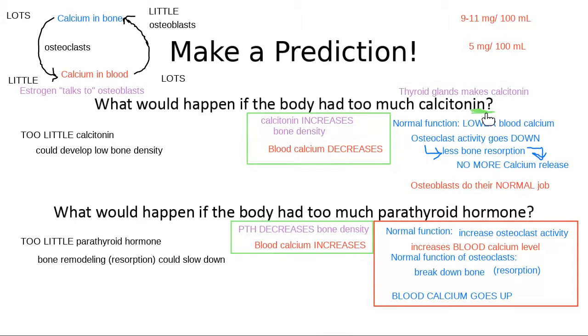So if you remember whether we're putting stuff into the bones or pulling it out of the bones, that's going to help a lot. Because then if you can also remember this little circle that we made here, if I put calcium into the bones, it must be coming out of the bloodstream. Or if I'm taking calcium out of the bones, it must be going into the bloodstream. So as long as we remember what's going on with one half of these things, whether the bones are going up or going down, we can also predict what's happening with the amount of calcium in the blood.